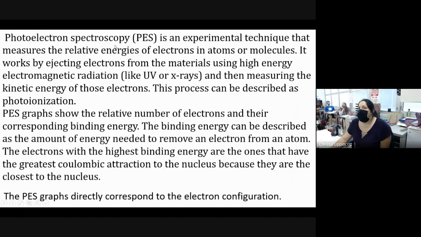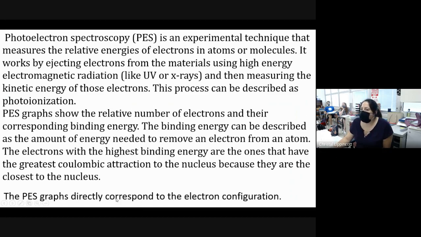All right, photon electron spectroscopy. This is easy, by the way. Super easy. If you can count to 6, you're good. Okay? So this is an experimental technique. It's going to measure the relative energies of the electrons, and it's used to create these graphs.